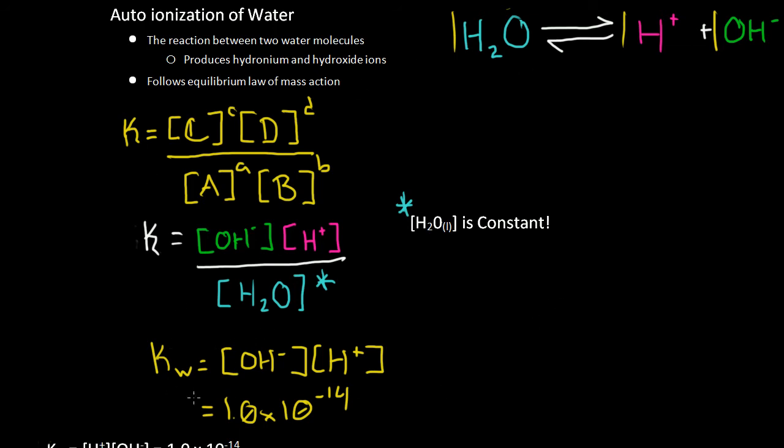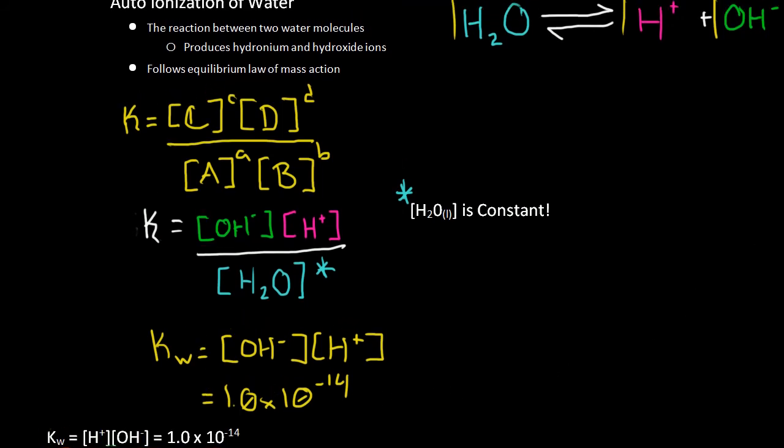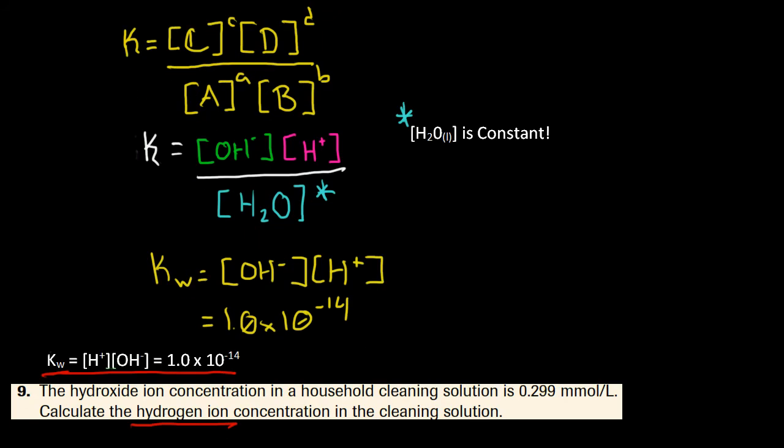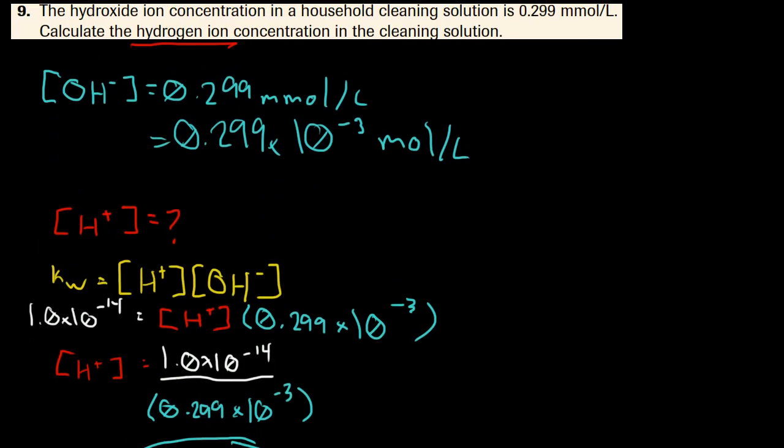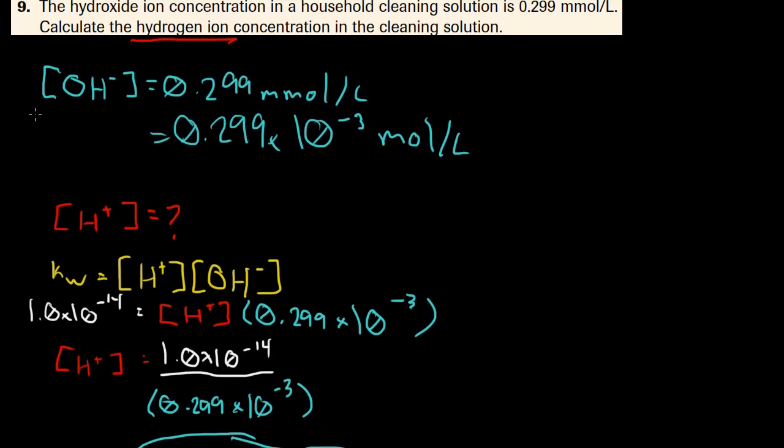This ratio can be calculated in an equilibrium constant, or Kw, which has a constant value in all aqueous solutions of 1 times 10 to the negative 14. Using this constant, we can solve for the concentration of either OH minus or H plus in a given solution.